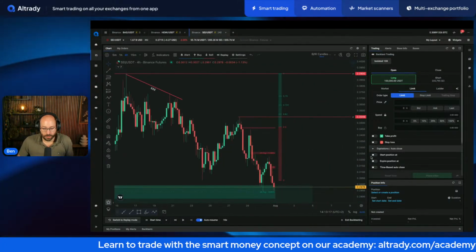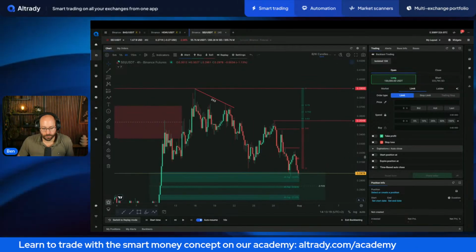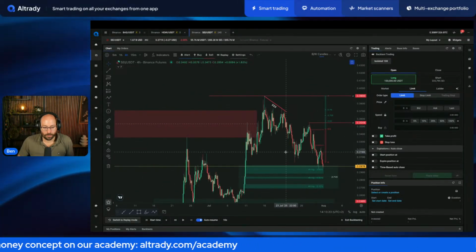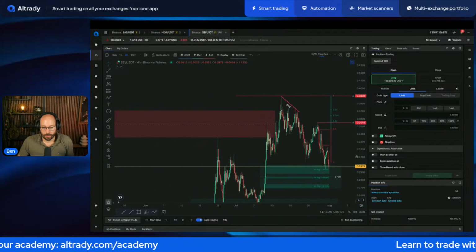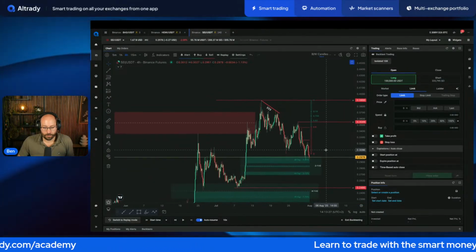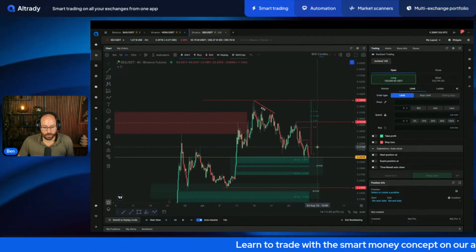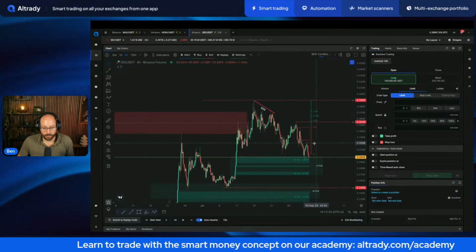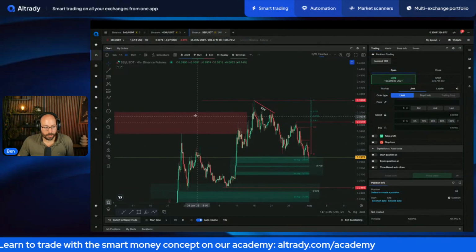So there are no signs of reversal so far on 4 hour, so I think you can expect a further move down. Hopefully we can get into a 4 hour fair value gap there or there.